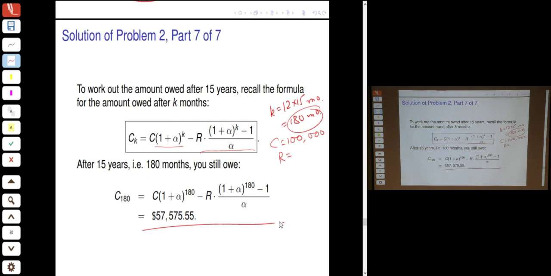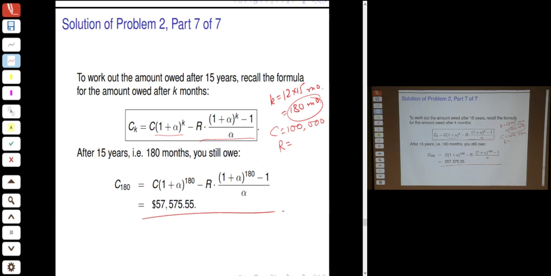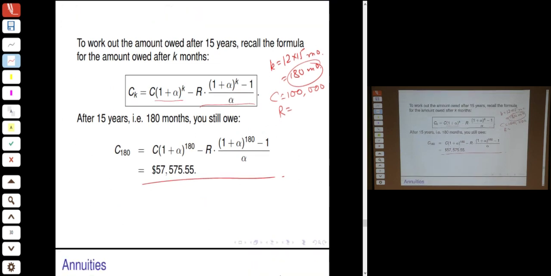Okay. So this is because of the nonlinear growth of the interest and so on. So to relate it to the competition between the linear and exponential curves that we discussed in the last lecture. Any question?